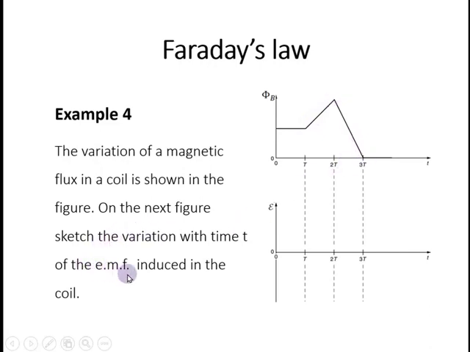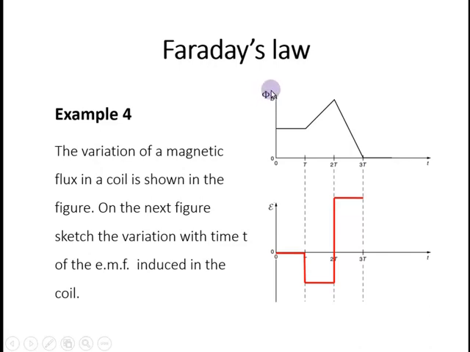So we are expected to draw the corresponding EMF that will be induced in the coil placed in the field of the magnetic field that is causing this flux. So we are supposed to draw it at each point in time or each range in time. How are we going to handle this? We are going to use the same approach.